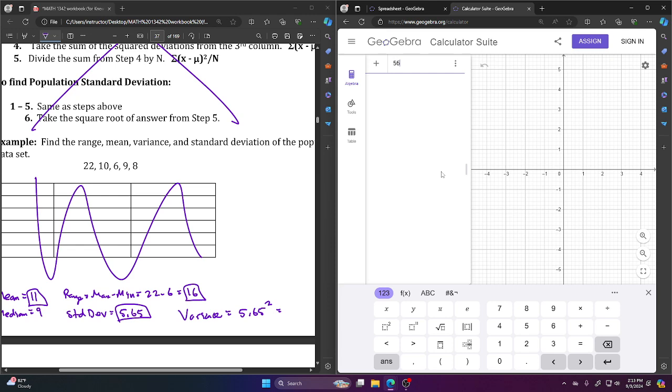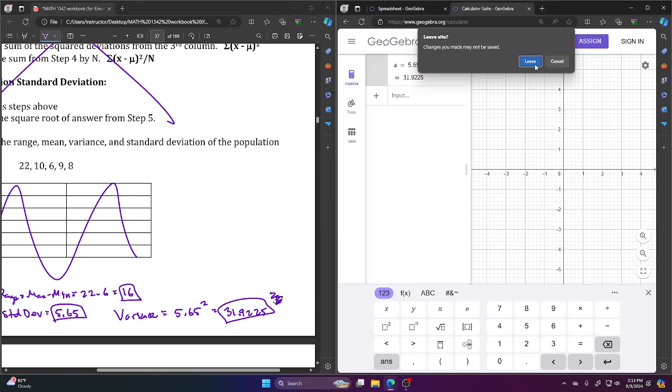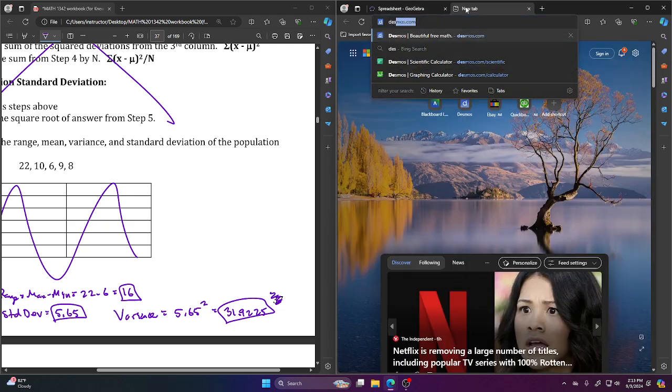Okay, 5.65, and I'm going to square it. Okay, great. Thanks, GeoGebra. I really don't like this. I'm not going to use GeoGebra. I'm going to use Desmos.